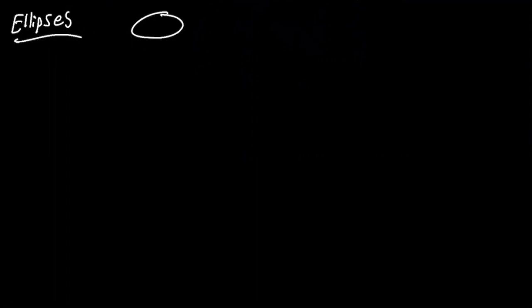Ellipses can be defined geometrically, just like we did with parabolas. We'll write down the geometric definition, and then we'll take a look at what these words mean using a graph.